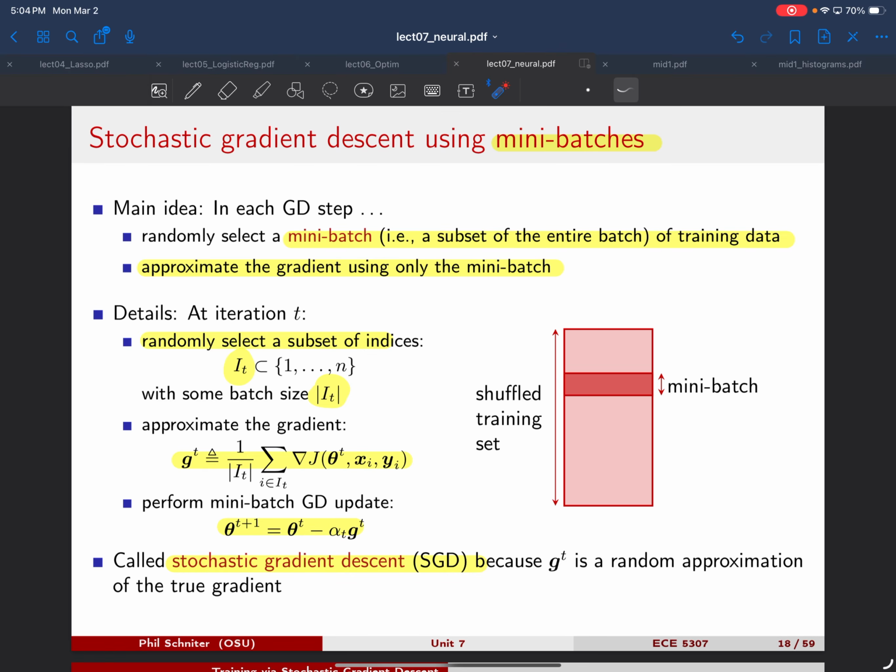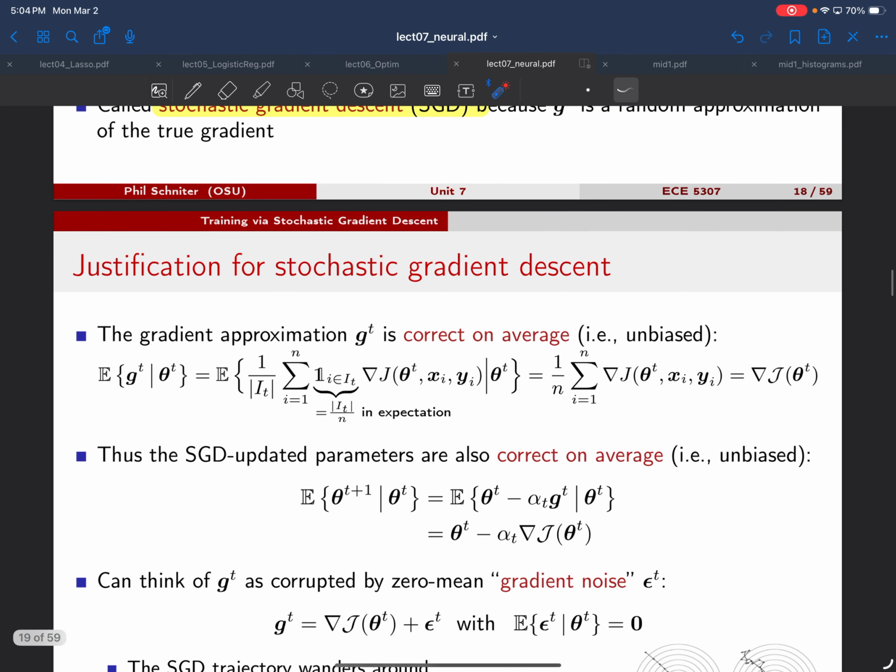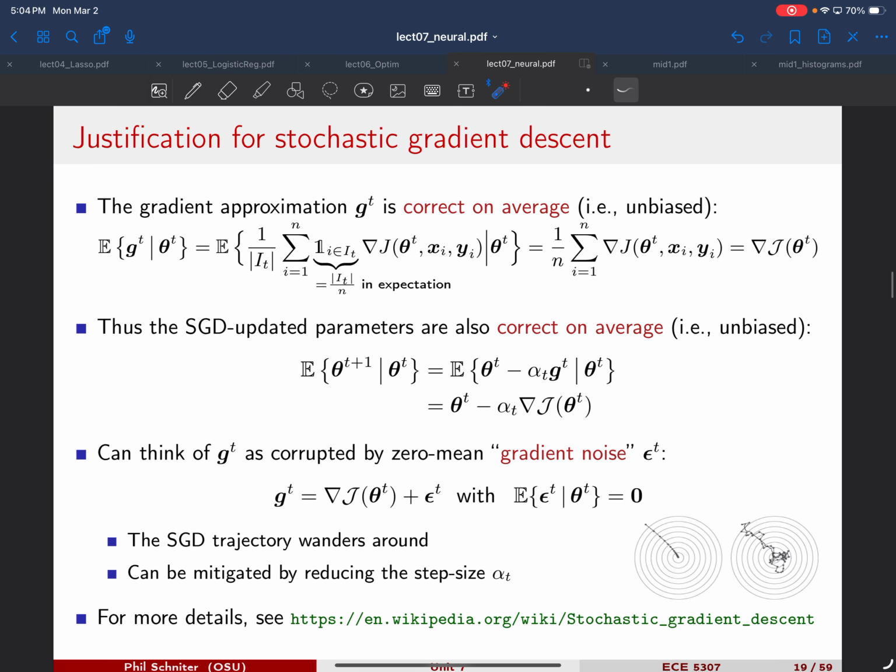Okay, so let's try to justify why this works. It turns out that what we're doing is actually correct on average, or as we know, unbiased. We can do a short analysis using the tools we know from a couple units back.